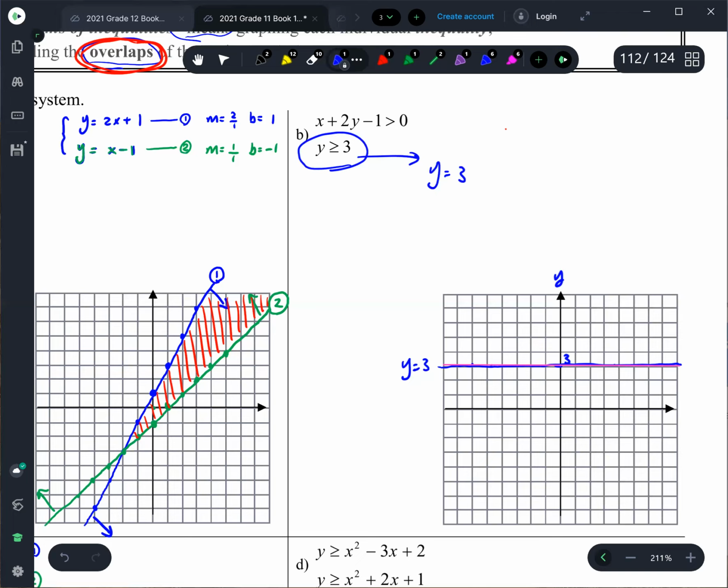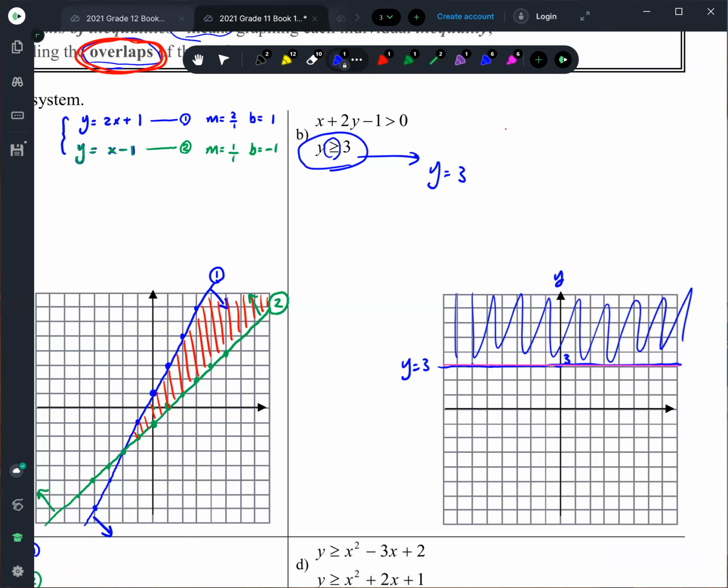The y stays at 3. Now if we want to do the shading, it says greater than, so the shading will be going upwards. That will be the shading for the second line.